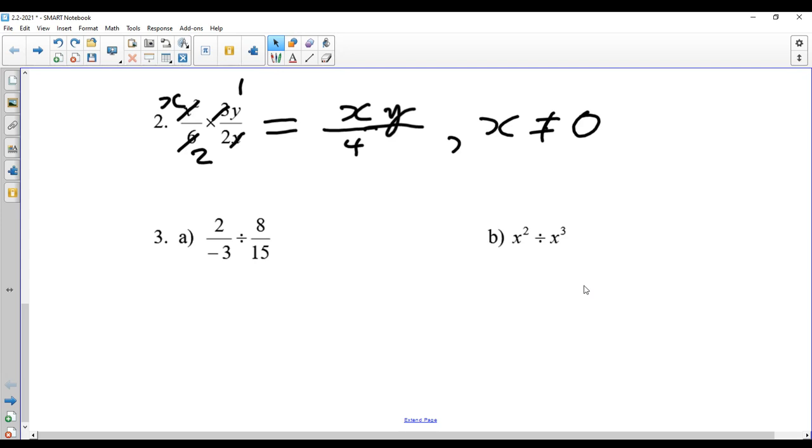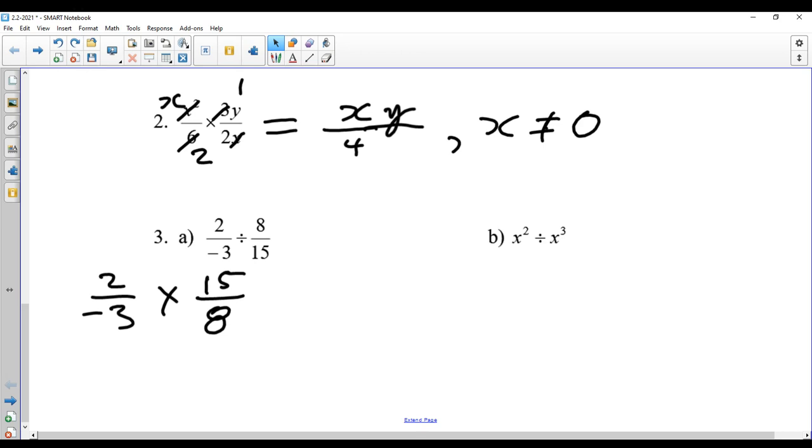2 over minus 3 divided by 8 over 15. So we already know how to do this, right? This is a division. So what we're going to do is put the 2 over the minus 3, leave that as it is. We're going to multiply that by 15 over 8. Change a division to a multiplication. All right.